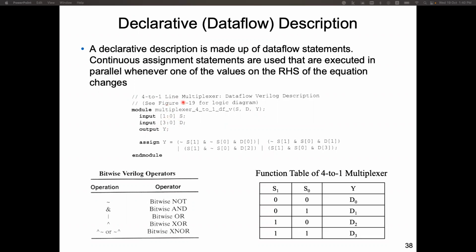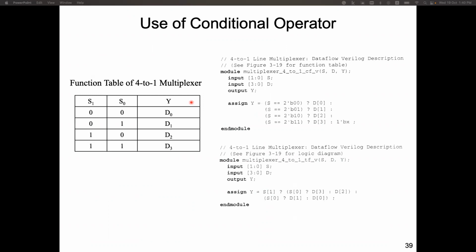This 4-to-1 multiplexer can also be modeled in a more concise way using the conditional operator. The same truth table.